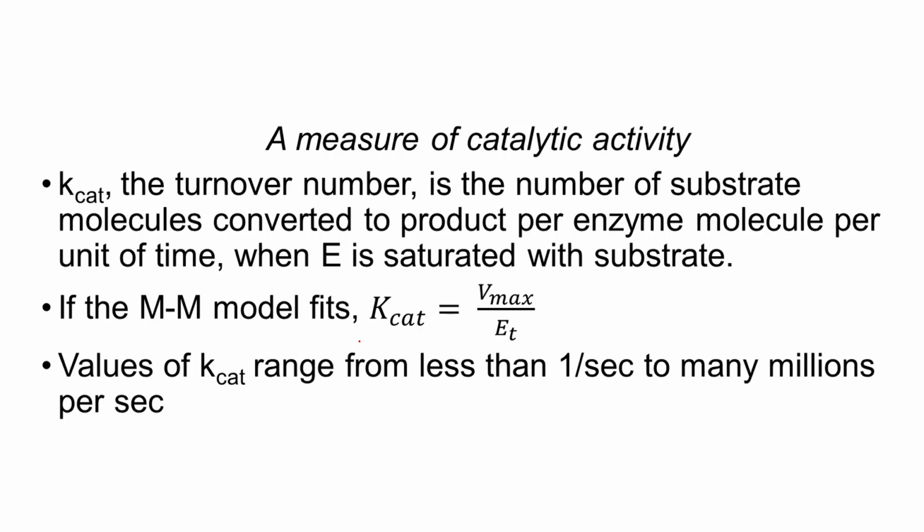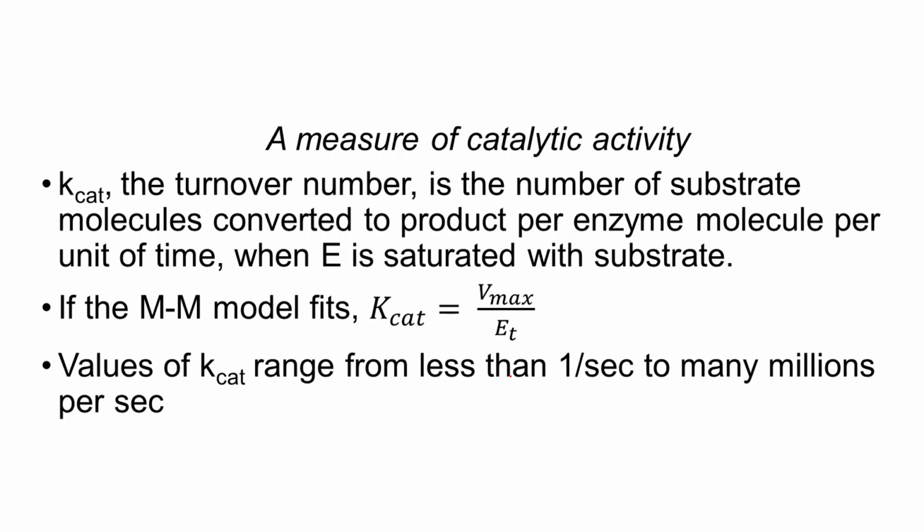We also talk about a measurable catalytic activity, which is our K cat. Now, the K cat is a turnover number, and it is the number of substrate molecules converted to product by an enzyme per unit time. And then when E is saturated with substrate, if the Michaelis-Menten model fits, then our K cat will be equal to the Vmax all over total enzyme.